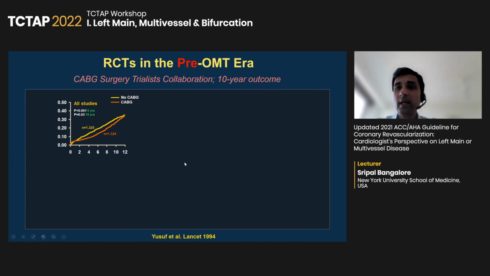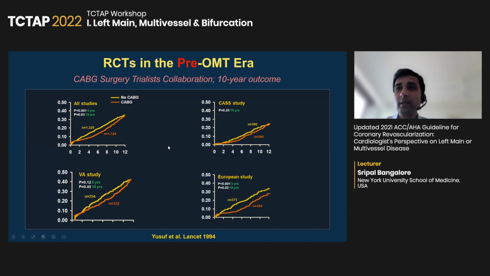Here you see a meta-analysis by Salim Yusuf looking at no CABG versus CABG, with significant mortality benefit at 5 years. At 10 years, the curves start to converge, but this is still statistically significant, and the absolute difference is smaller. But this is in the era of no medical therapy. These were the other studies included in this meta-analysis. So with no medical therapy, CABG definitely reduces mortality compared to no CABG in these patients.